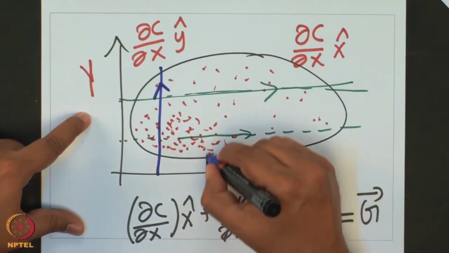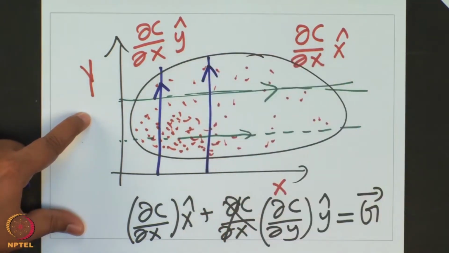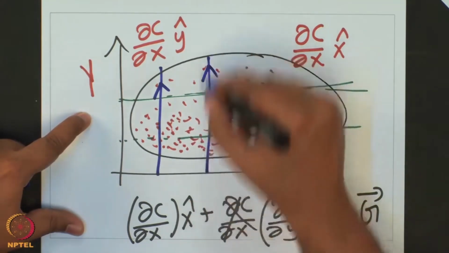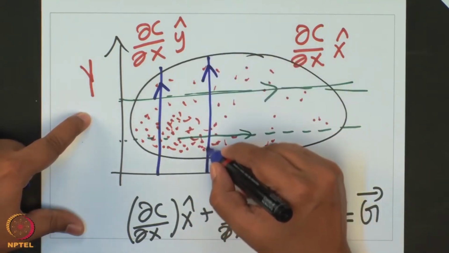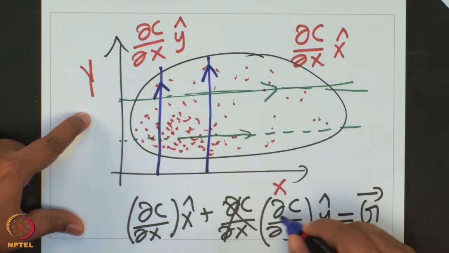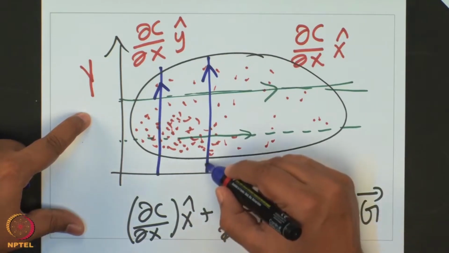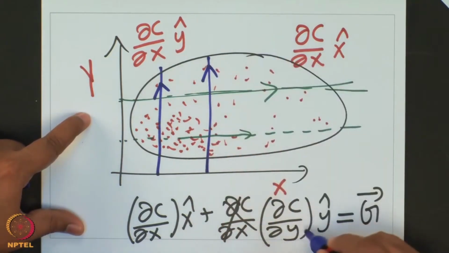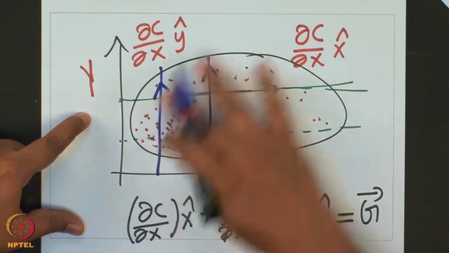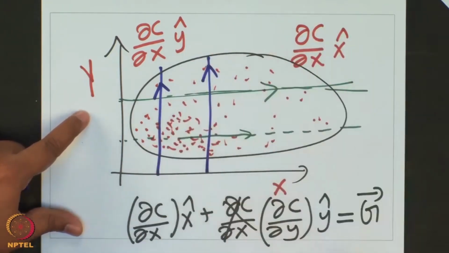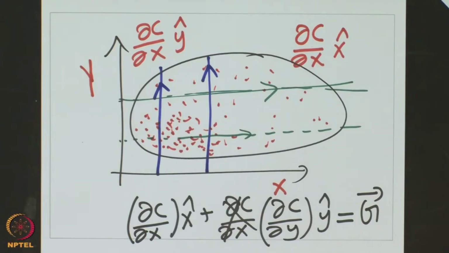Similarly, take any other line where x is equal to some constant, and as I go along the line, how does the concentration change? That is del C by del y. This is a partial derivative, that means x is a constant, only change along y is measured. This is the meaning of the partial derivative, and this would give us the overall change in this 2 dimension. So that vector is the gradient vector.